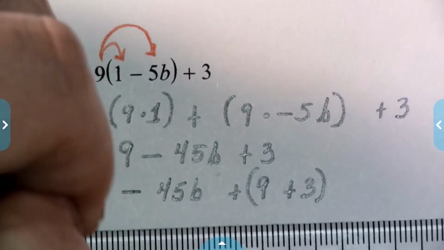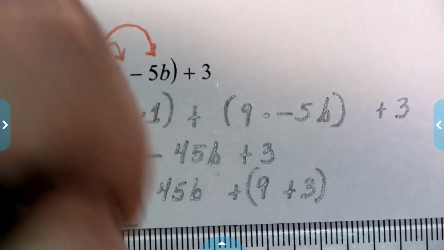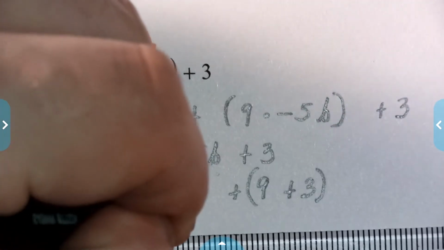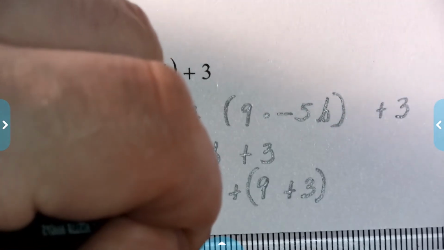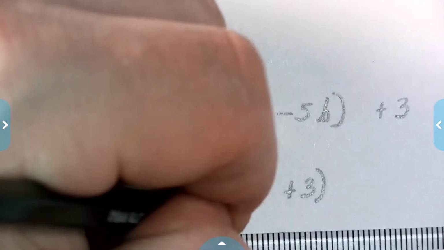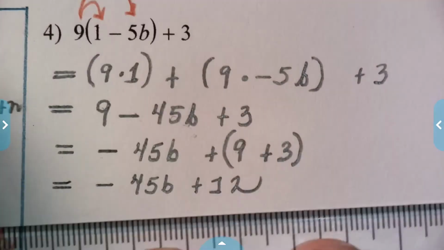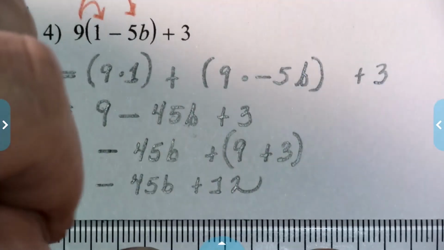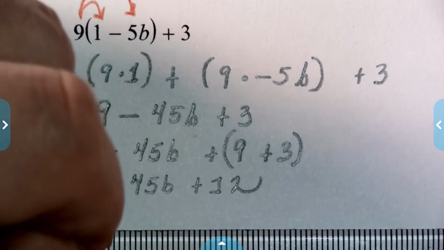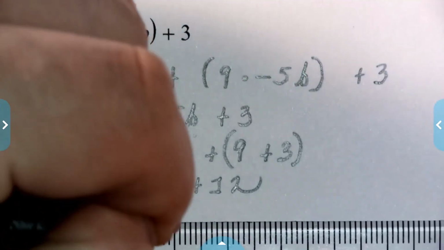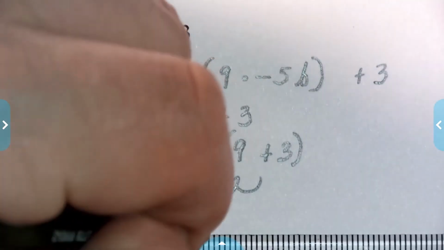So now I've got this equals negative 45b plus 12. And please notice that that is equivalent to 12 minus 45b.